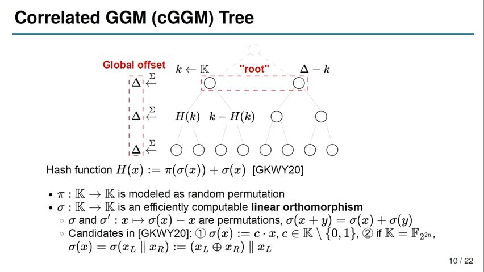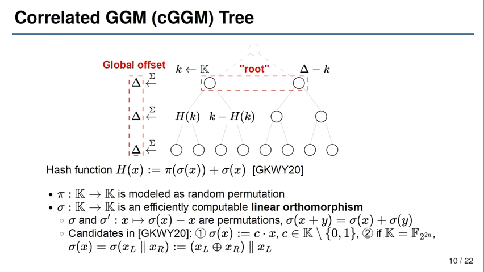In this work, we can replace the GGM tree with the correlated GGM tree. Here, the correlated GGM tree has the nice property that all the same-level nodes are summed to a global offset delta.